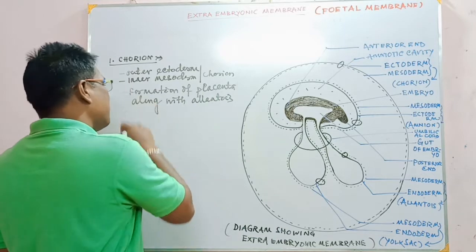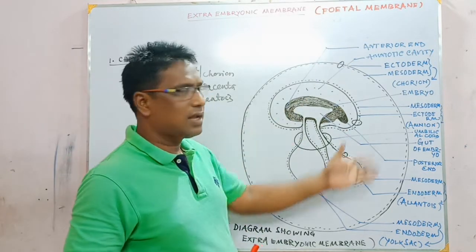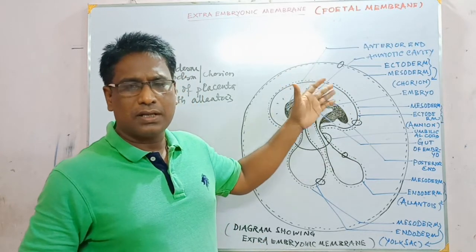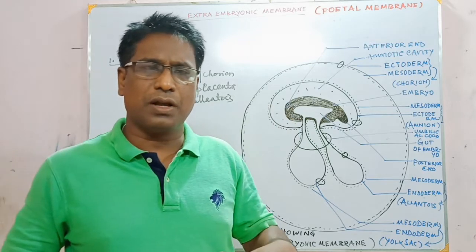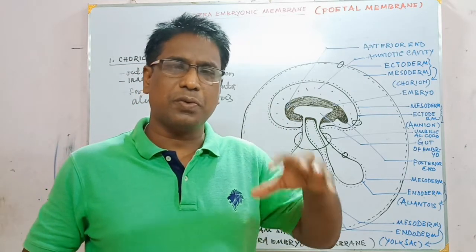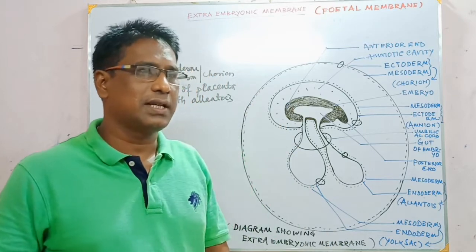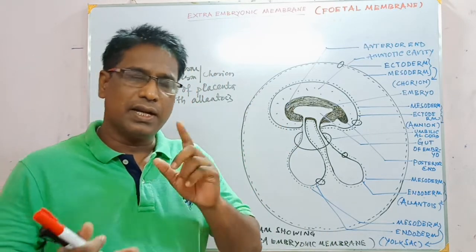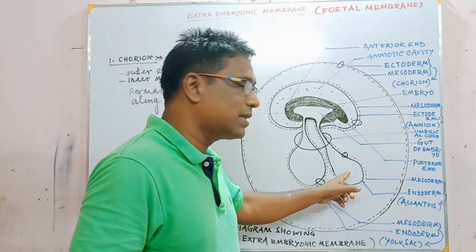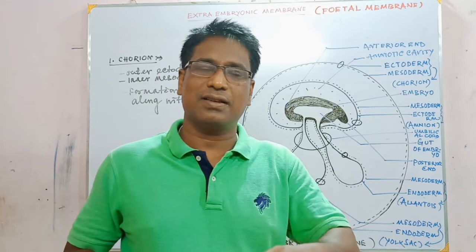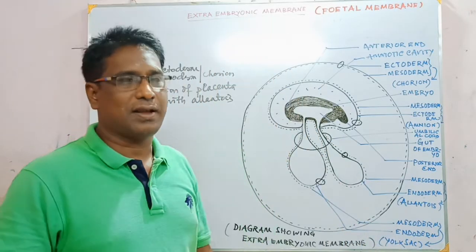So which structure helps in formation of the placenta? That is the chorion: the outermost layer of extra embryonic membrane formed of outer ectoderm and inner mesoderm, which protects the embryo as well as other additional membranes, and helps in formation of a placenta along with the allantois. Hence the human placenta is called chorioallantoic placenta or allantoic chorial placenta.